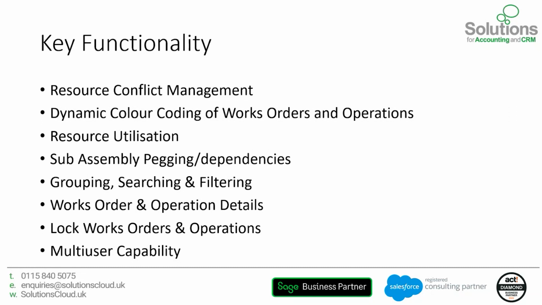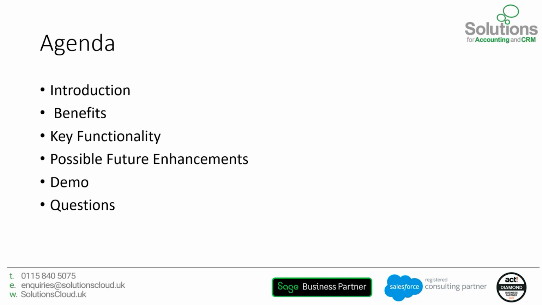So if you do have two users who are both logged into the production plan at the same time, the last person to save and make those changes is the person that will update the information.